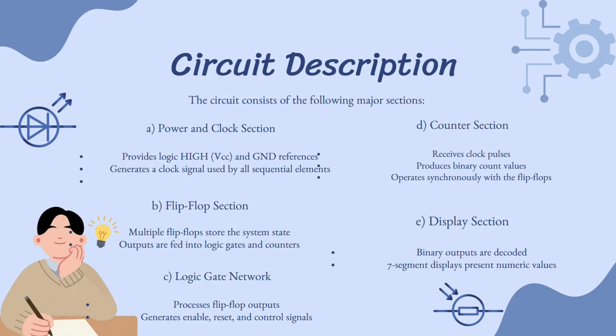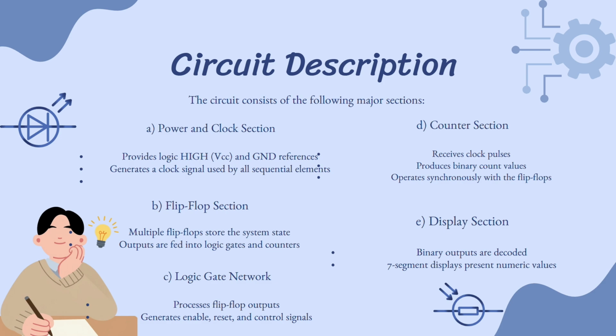Circuit description. The circuit consists of the following major sections: The power and clock section provides logic high and ground references, and generates a clock signal used by all sequential elements. Flip-flop section: multiple flip-flops store the system state, and their outputs are fed into logic gates and counters.